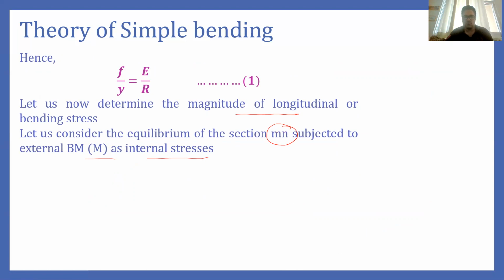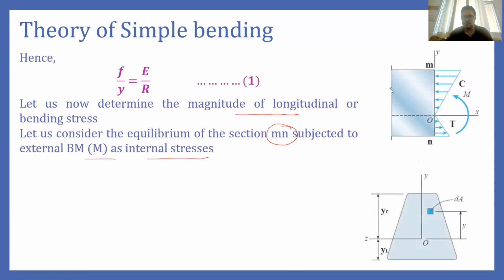We will see that with the help of this diagram. If we consider section MN, this is the line of neutral axis, and above the neutral axis, the beam part is under compression. So maximum compression will be at the topmost fiber, and as we go down, the compression intensity is lower. At the neutral axis, zero compression is there.